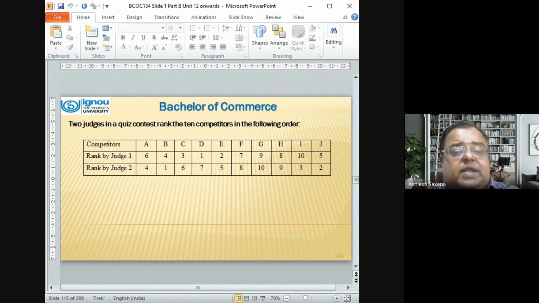A, B, C, D are the competitors, and there are two judges, and they have given their respective ranks. We have to find out the rank correlation between the observations provided by the two judges.